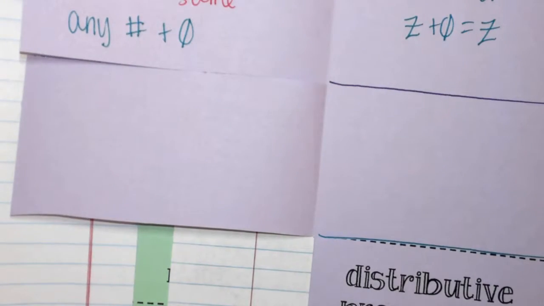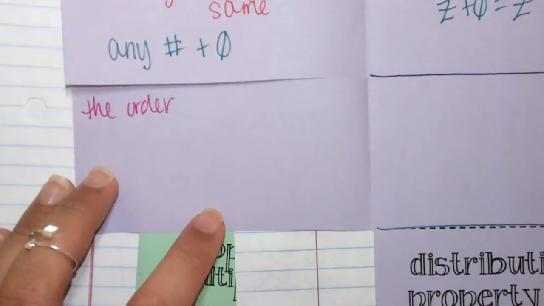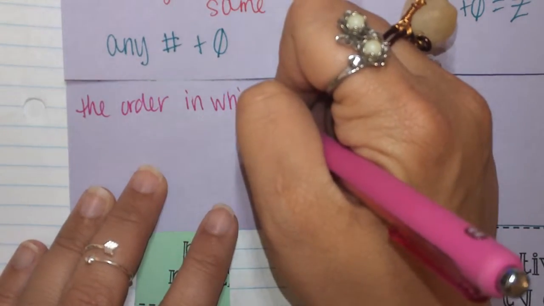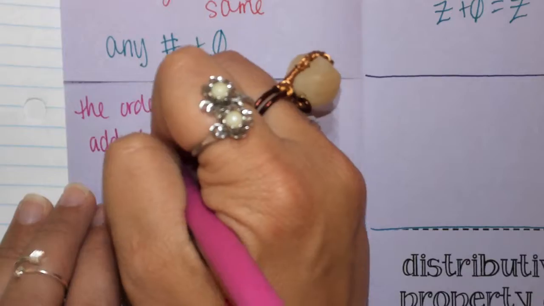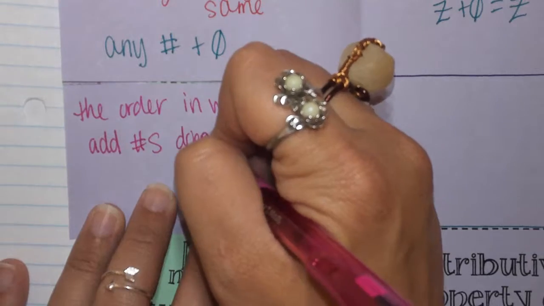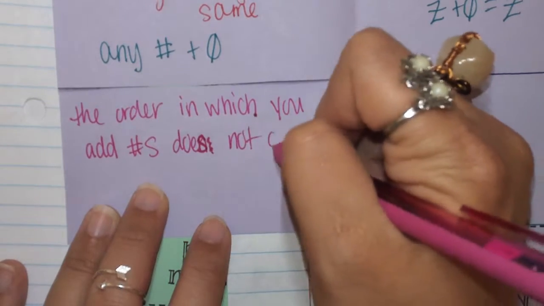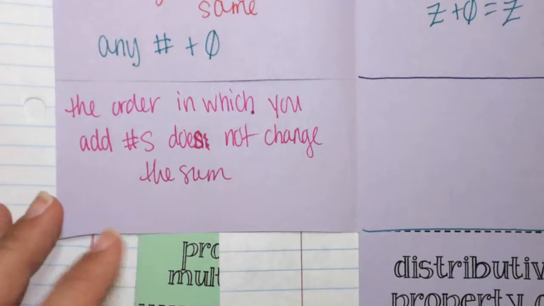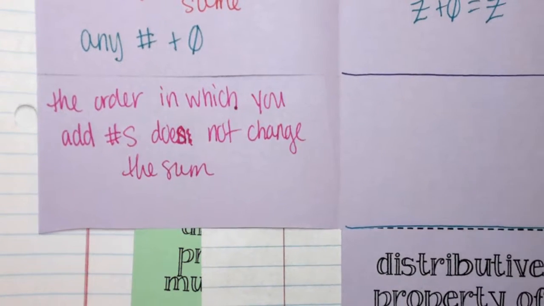So the commutative property says that the order in which you add numbers does not change the sum. And we know that sum means when we add two things.